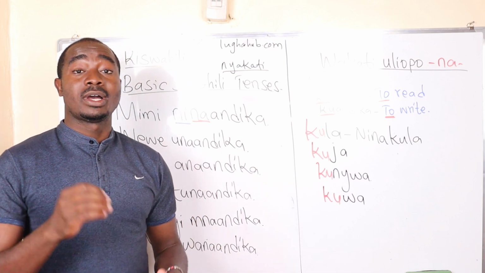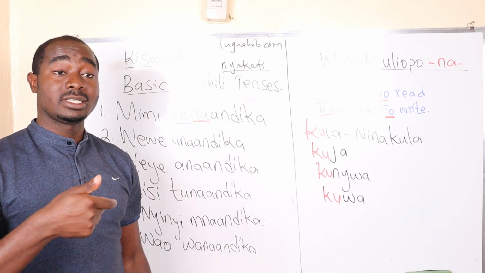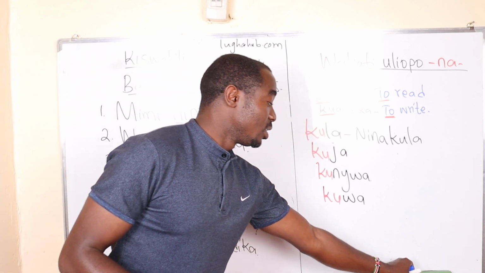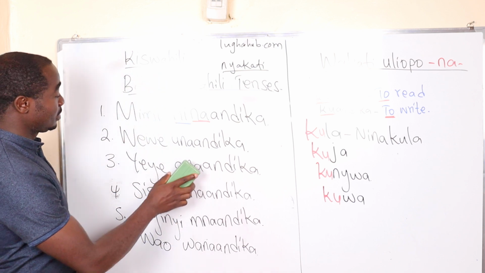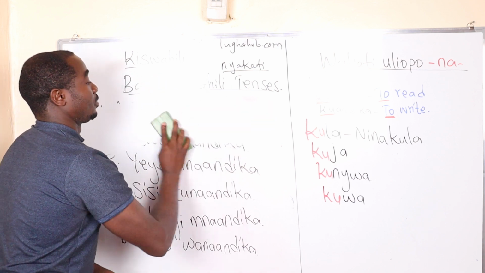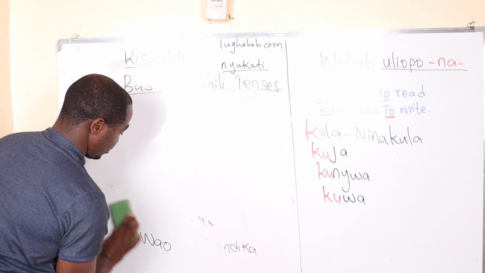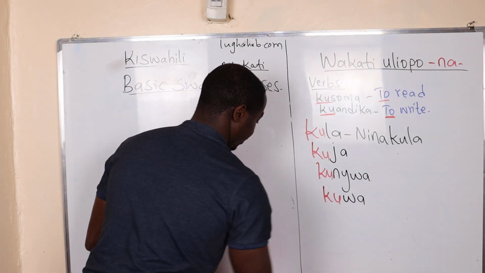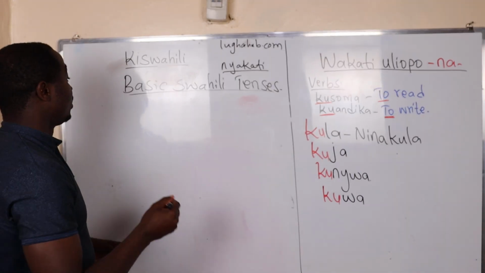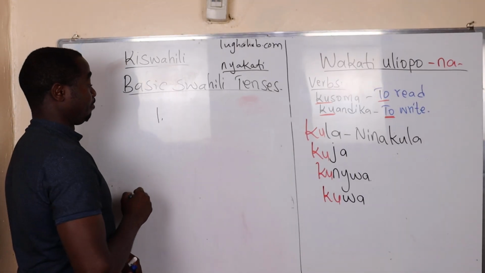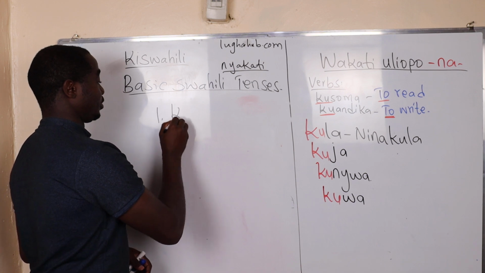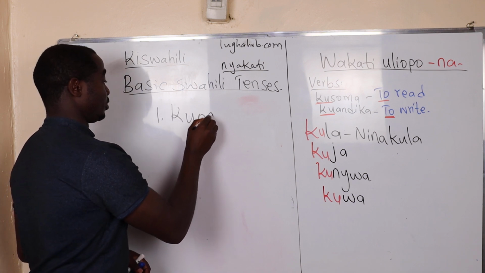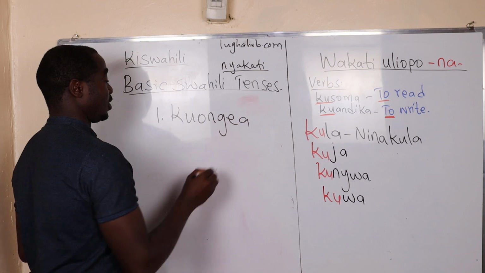Now I want to give you an assignment. Just write in the chat or the comment section. Conjugate these verbs. Kuongea.